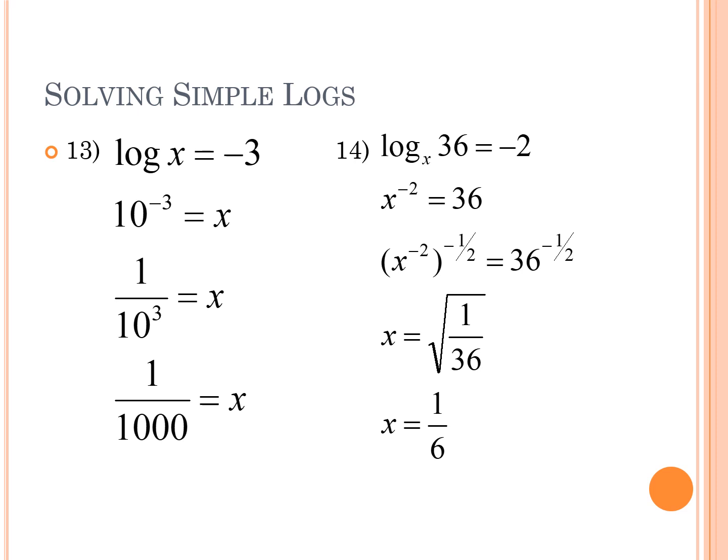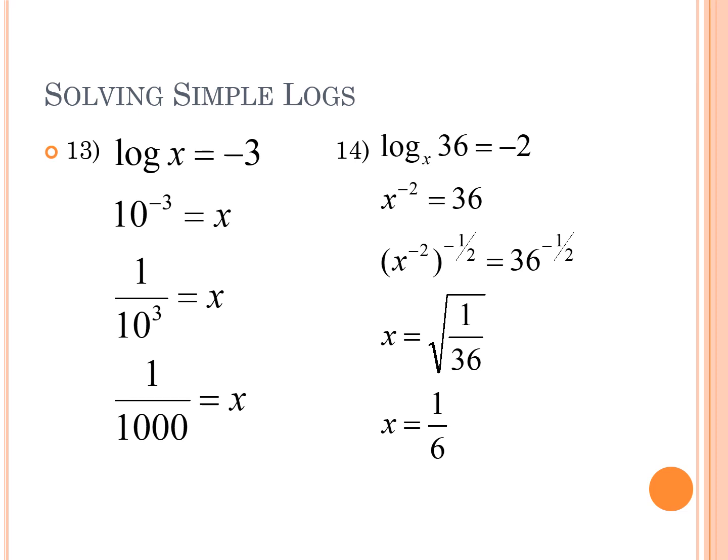Now for 14, when that base is x, we're going to want to see if we can get the exponents to be the same, to set the bases the same. We get x to the negative 2 equals 36. What I ended up doing is, we had x to the negative 2.